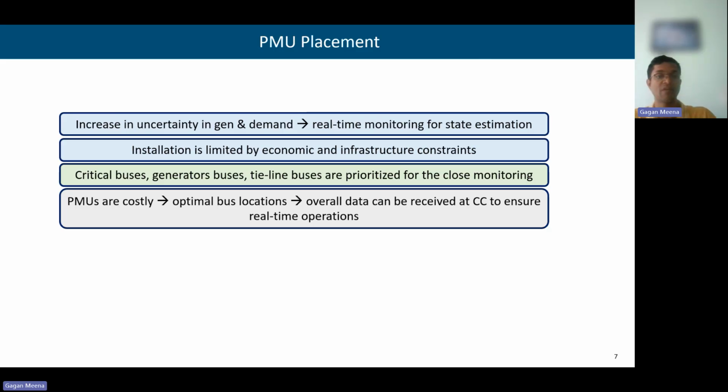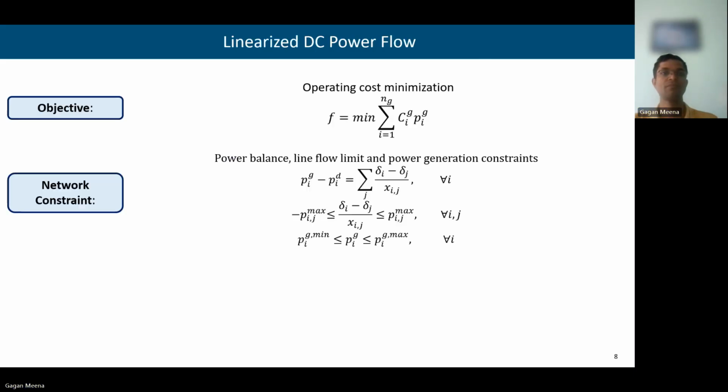And because PMUs are costly, calculating their optimal bus location is of prime importance.